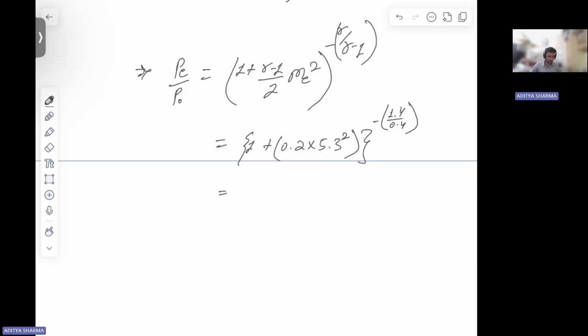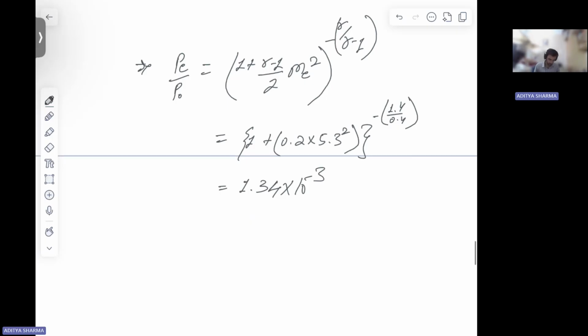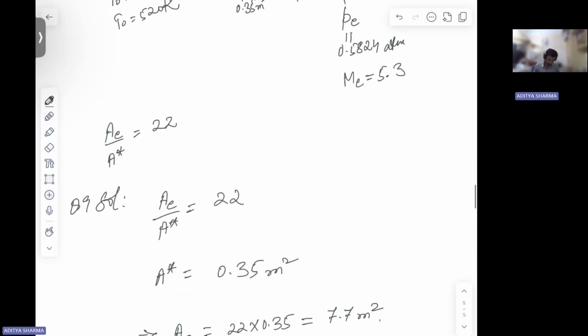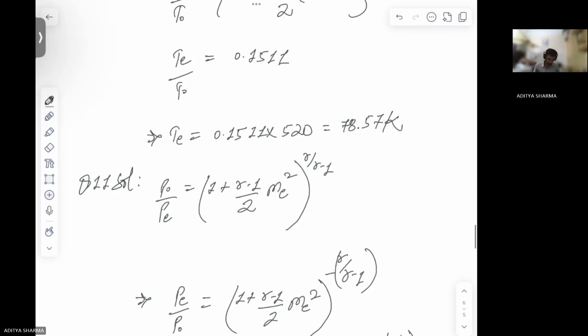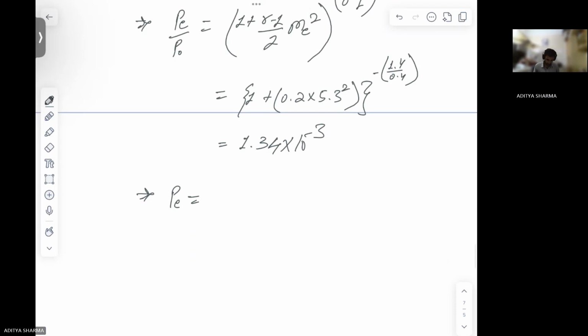Yes, so I'm getting 1.34 into 10 raised to power minus 3. This ratio I'm getting this. So implies P exit is equal to, based on your P naught, your P naught is 12 atmosphere. So based on your P naught, 1.34 into 10 raised to power minus 3 into P naught, which is 12.